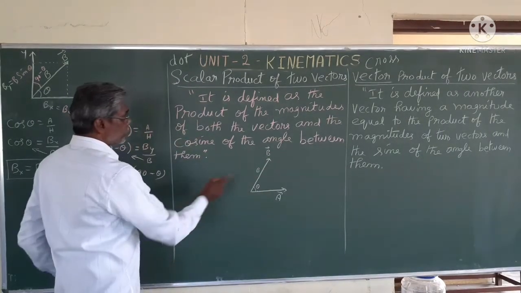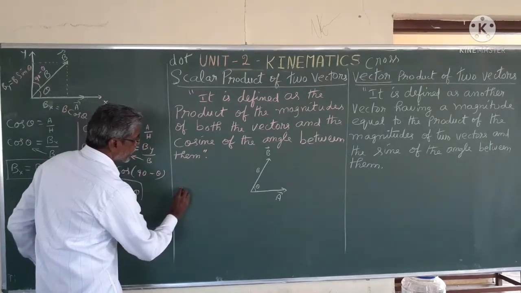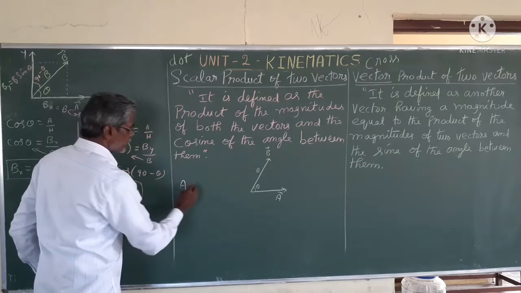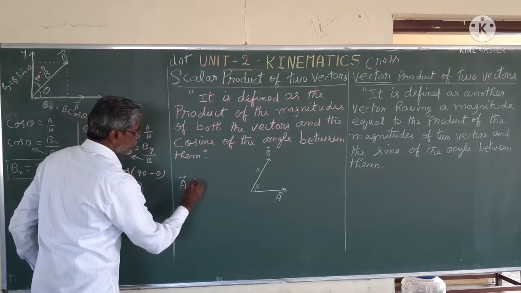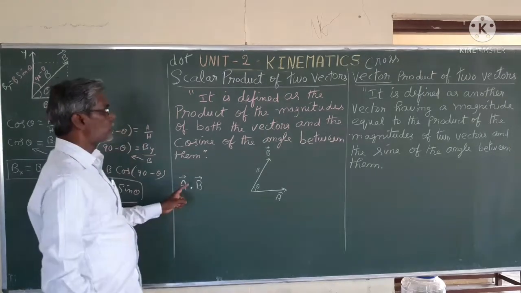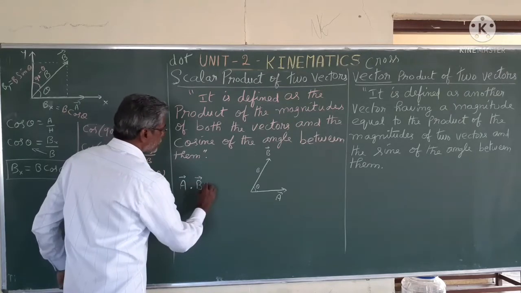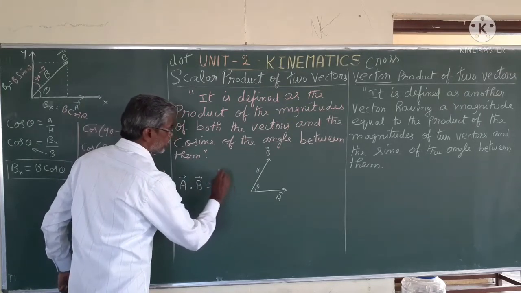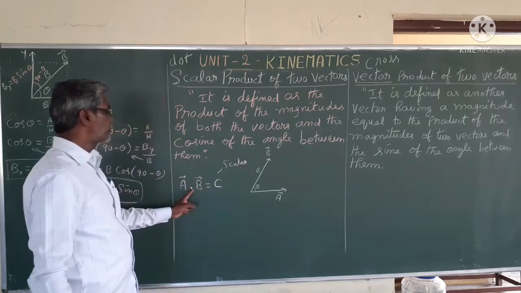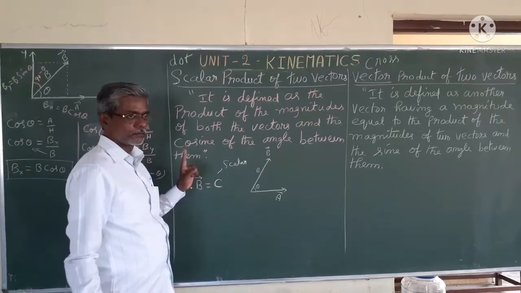Now I want to find out the dot product of a vector and b vector, and if I find this one, I will be able to get one scalar. The result will be scalar. The dot product of two vectors will be a scalar.